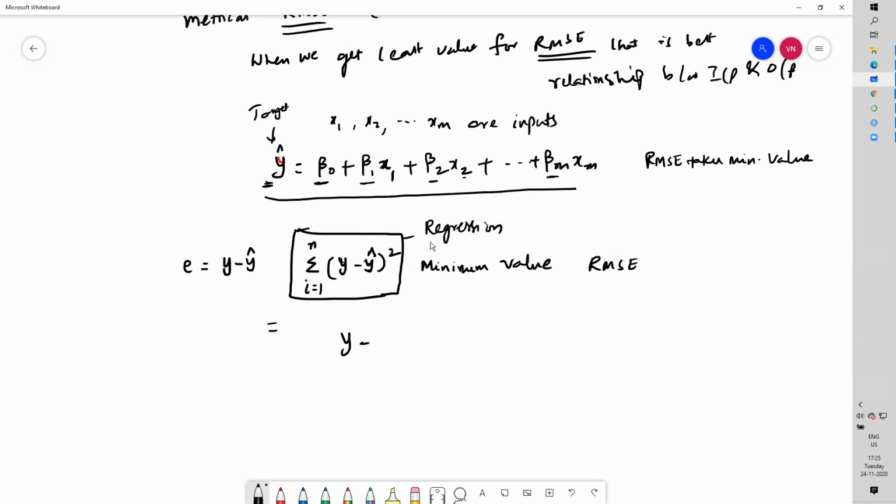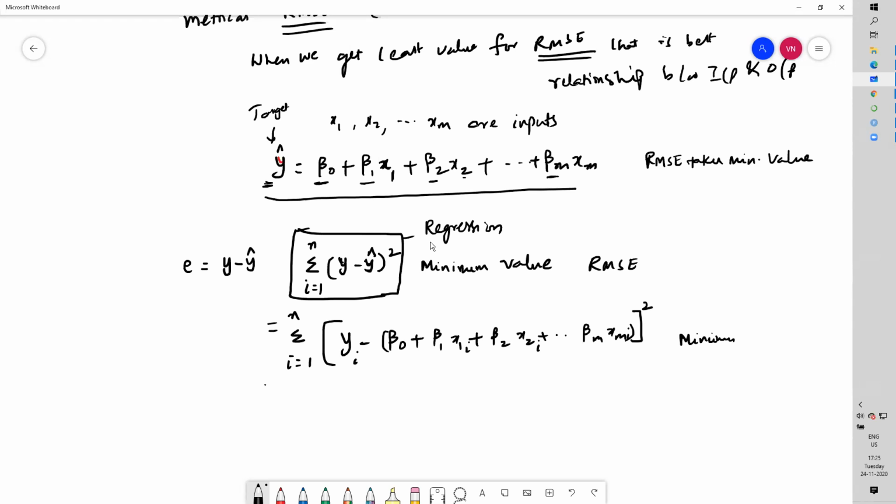Y minus, beta naught plus beta 1 times x1 plus beta 2 times x2 plus so on, beta m times xm, whole square, summation i is equal to 1 to n. So everywhere we would have i, and then we will have i here. Okay. Now this equation has to take a minimum value.